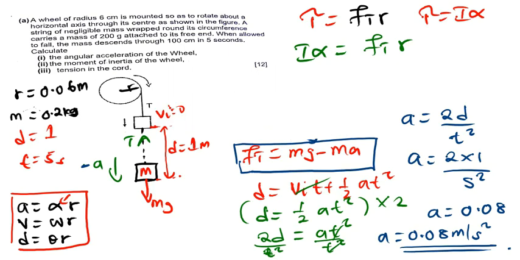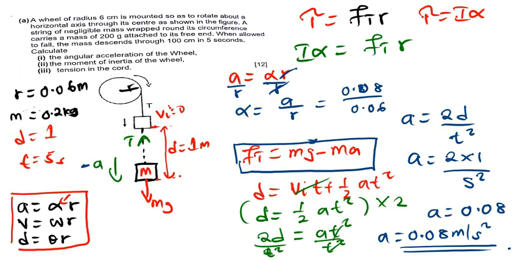So I'm going to say a is equal to alpha times r. I can divide both sides by r, so these will cancel. Alpha will be equal to a over r. So a is 0.08, r is 0.06.